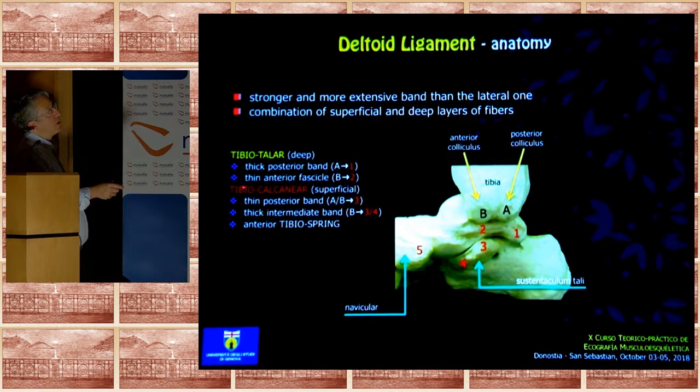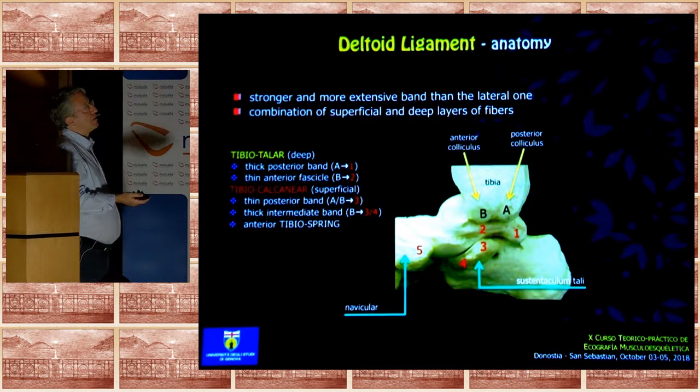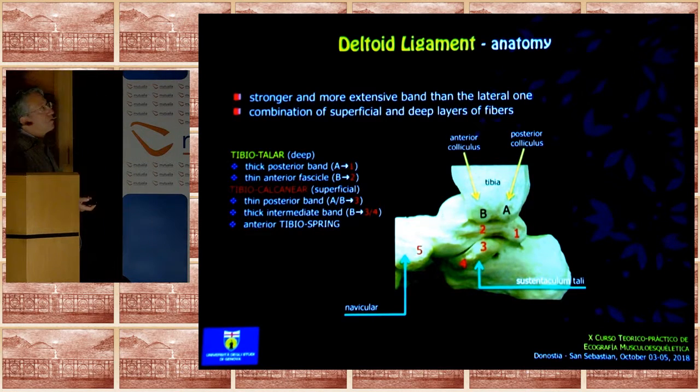Then we have a tibiocalcaneal portion, which starts here and connects the medial malleolus with the sustentaculum tali. And we have the tibiospring, a very special ligament because it joins the medial malleolus and the spring ligament, so it connects bone with another ligament. And finally, the tibionavicular, the most anterior, connecting B and 5.